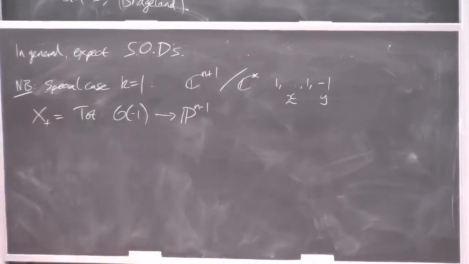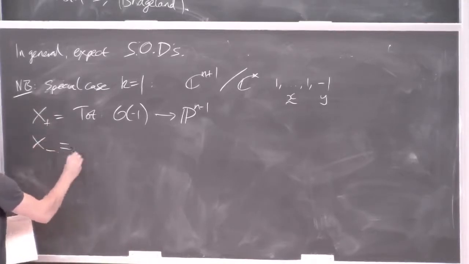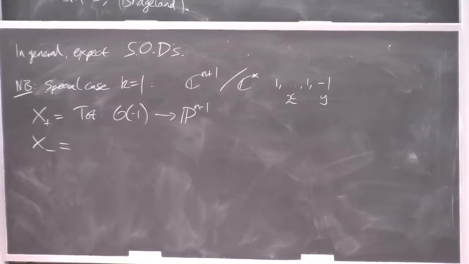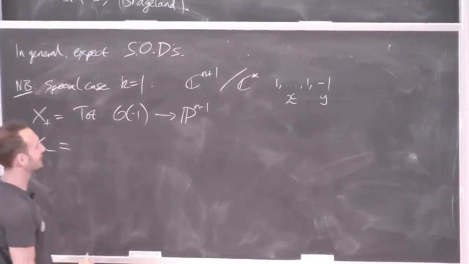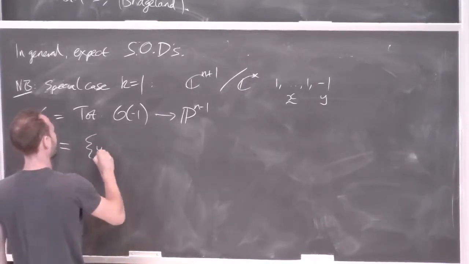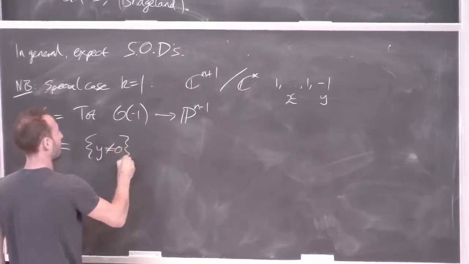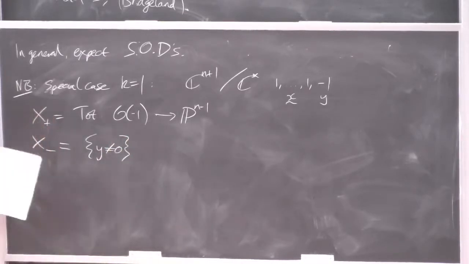What about x minus? Well, it's the total space of a vector bundle over projective zero space. Right? Projective zero space is a point. If I take the locus y not equal to 0, I cut out the locus where y equals 0, that C-star action is free now.